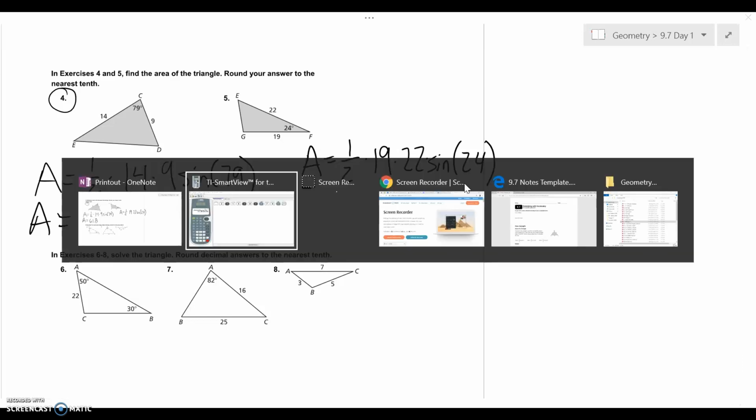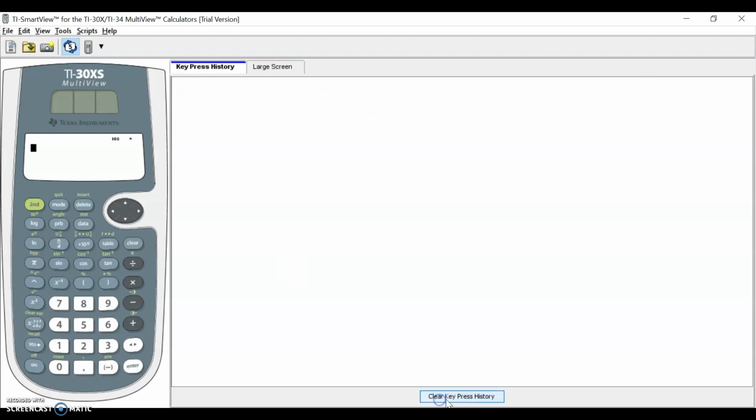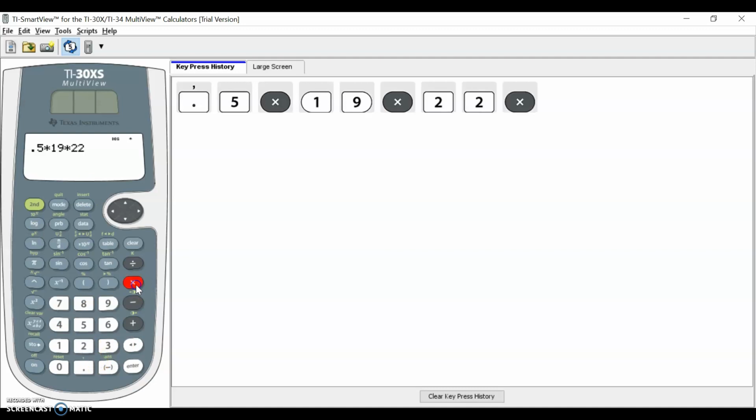So let's jump over to the calculator, and I'll clear out what I did here, and I'll clear the key press history. So now we'll go 0.5, and we'll go times, we said that was 19 times 22 times the sine of, and we said that angle was 24 degrees. And then I'll hit enter, and that's it.